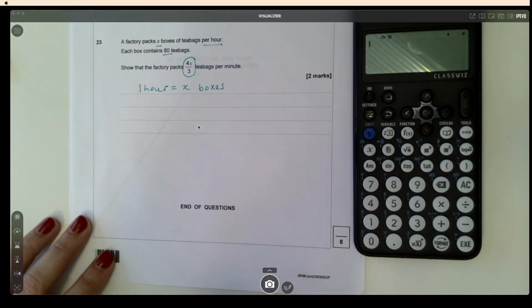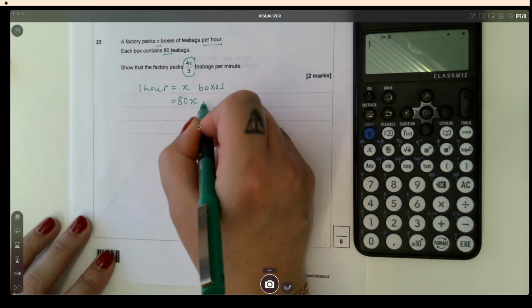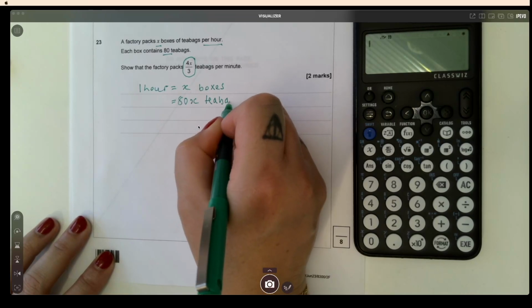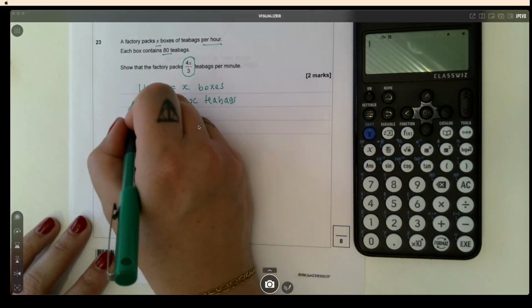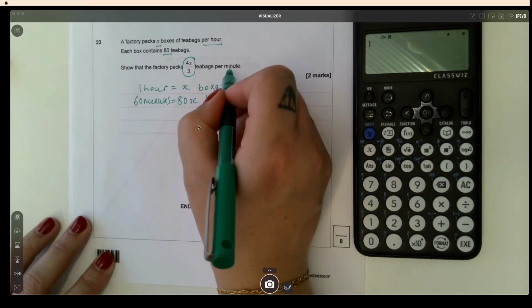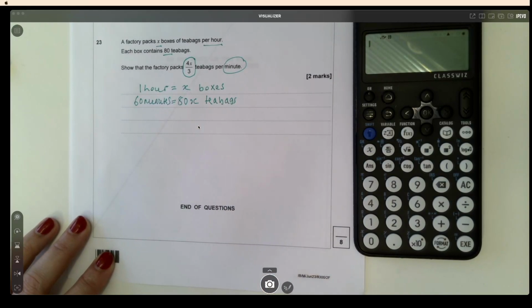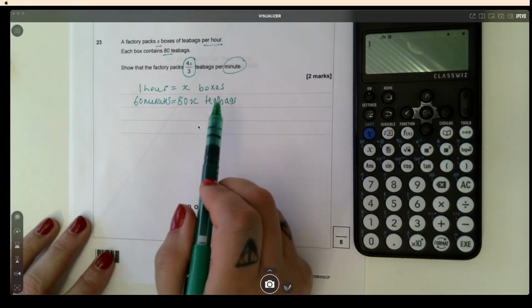So 1 hour means we have 80 times X tea bags, because each of those X boxes contains 80 tea bags. And that's in 60 minutes, because there's 60 minutes in an hour, and we're aiming to work in minutes here. So after 60 minutes, there are 80x tea bags.